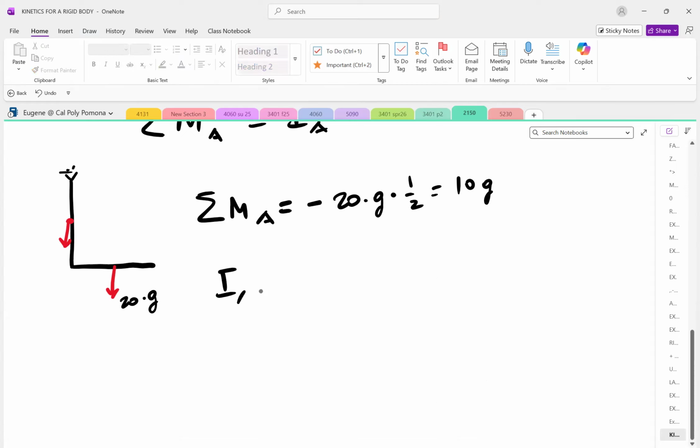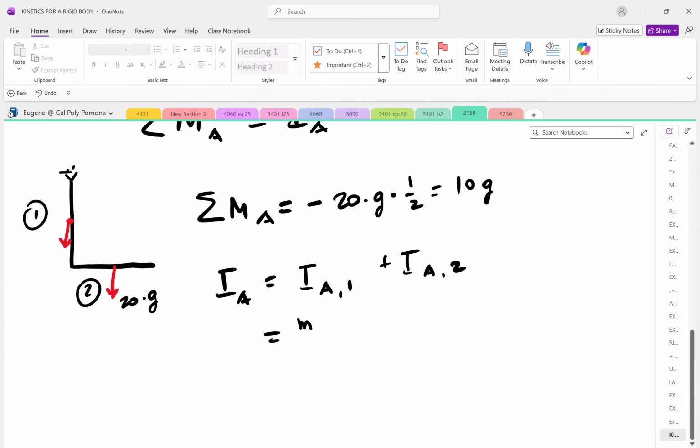I about A equals... Let's call this object 1 and this object 2. It's going to be I about A1 plus I about A2. So for a rod, the moment about the center of mass is 1/12.